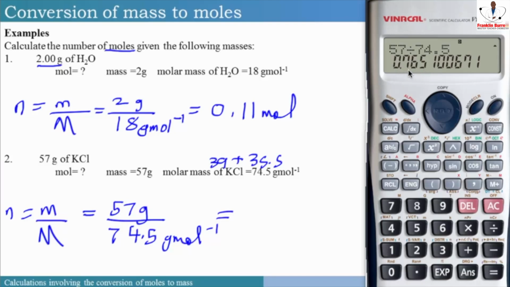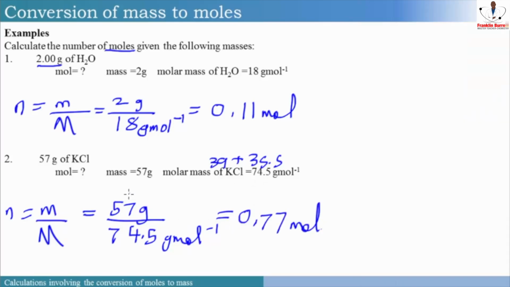So 0.765, we will round up the 6 to 7, because this number here is equal to 5 or greater, we round up. If it is less than 5, then we will round down by leaving the figure. But because it is 5 or greater, we will round up the 6 to 7. So our answer is 0.77 mole. Let us try a few more.